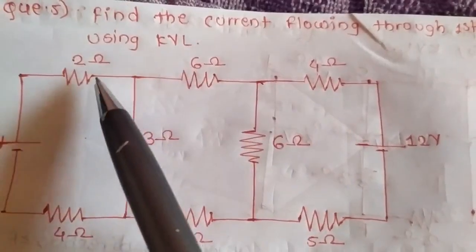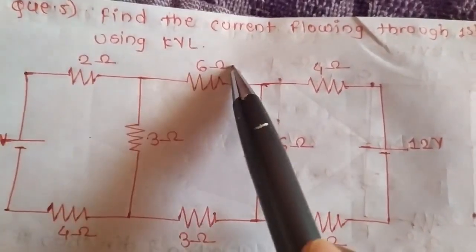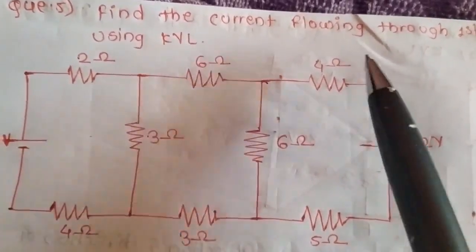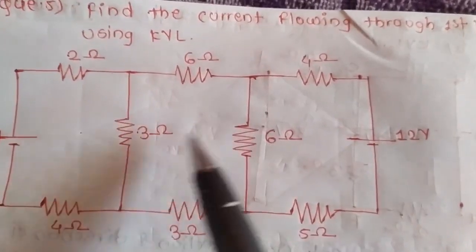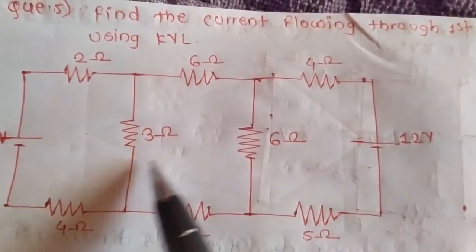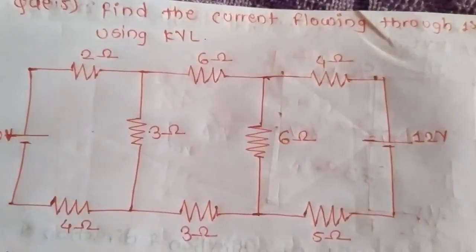The same current here: I1 is the same I1, I2, I2, I3, I3. Only these two resistances get different current. Let's see.